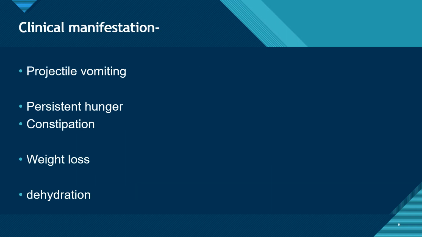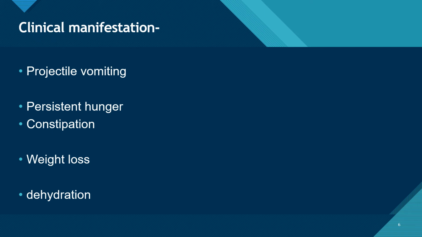Next is your clinical manifestation, or what are the signs and symptoms we can see in the babies who have this pyloric stenosis. First one is projectile vomiting. The child or their parents will complain about frequent vomiting. There will be persistent hunger among the babies who have this pyloric stenosis disease.